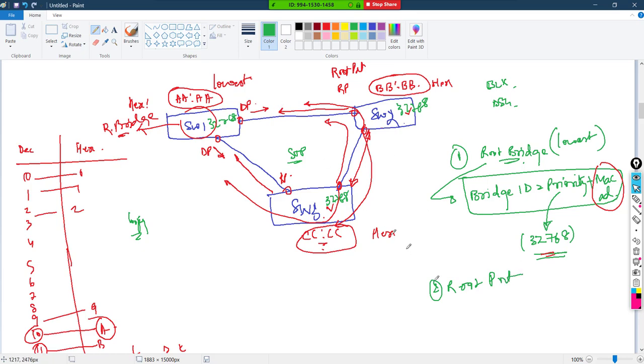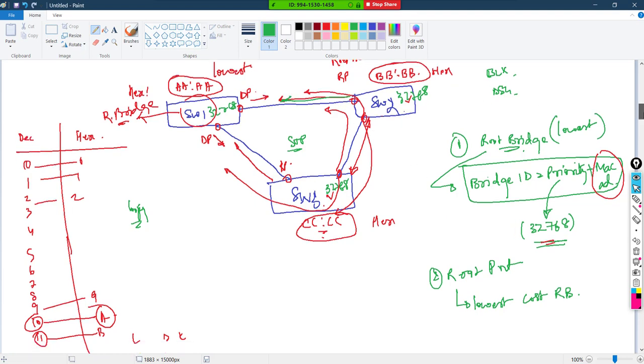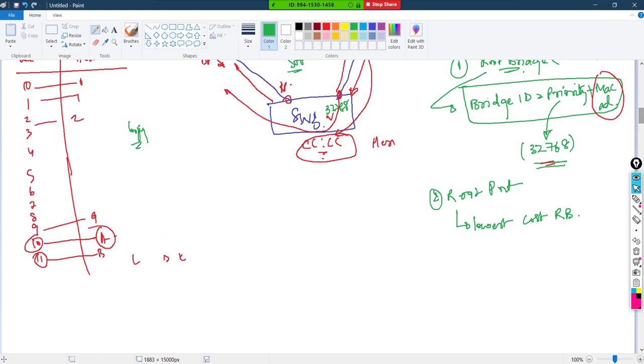The only thing to note for the root port was the lowest cost to reach the root bridge. Since there were no other switches, it was easy to find the root port. Sometimes finding the root port is a little difficult, but since this is a simple diagram, we could easily find it. Now the third and last step is to find the blocking port.